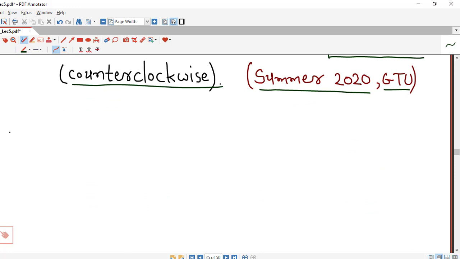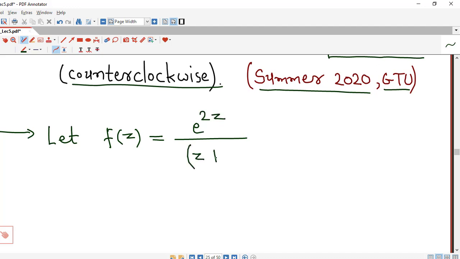So first we write down the given function and we find out the points at which the given function is not analytic. Suppose the given function is denoted by f of z, which is e raised to 2z over (z plus 1) cube, and this function is a division of two analytic functions.